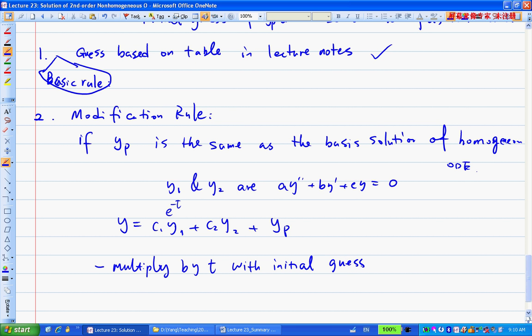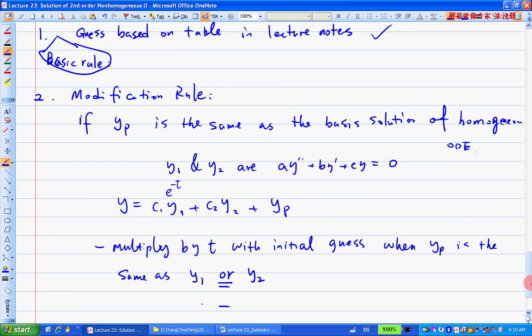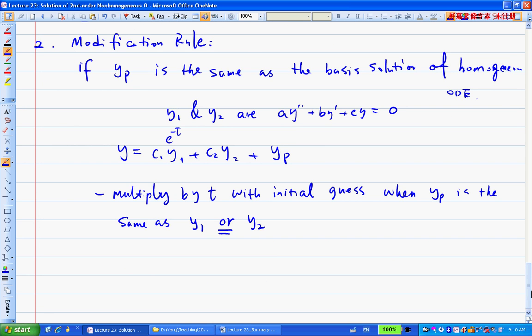You multiply by t when yp, your initial guess, is only the same as one of them, so when yp is the same as y1 or y2. Basically, yp only repeats once of what this basis y1, y2 there. So you multiply by t.